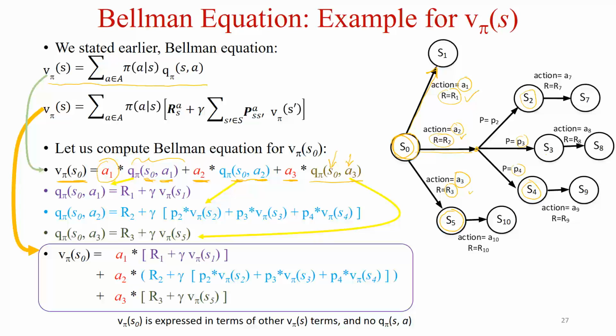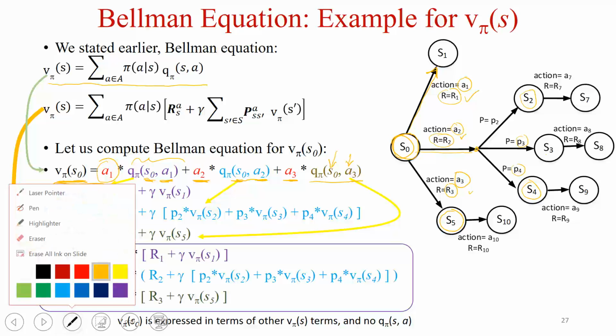Okay, so what is the action value function of action A when leaving S0? Well, now I'm focusing on this side here. Let's see if I can use a laser pointer.